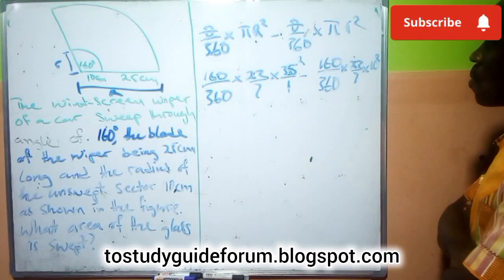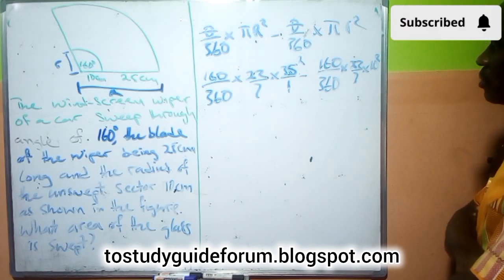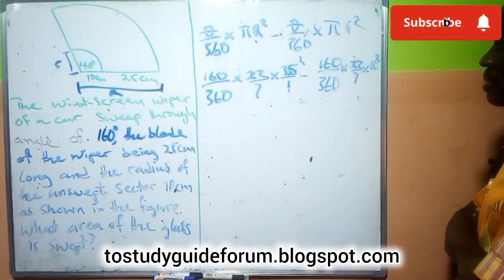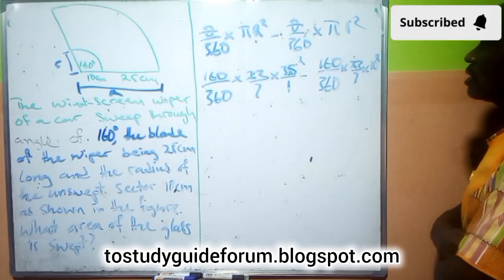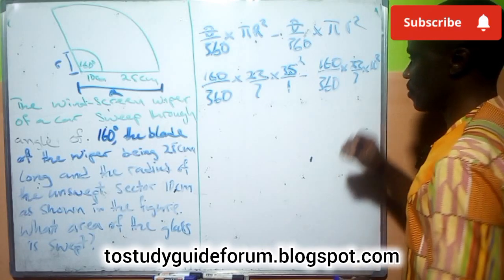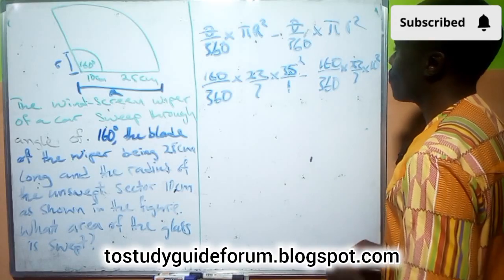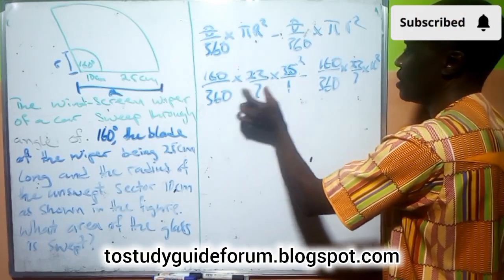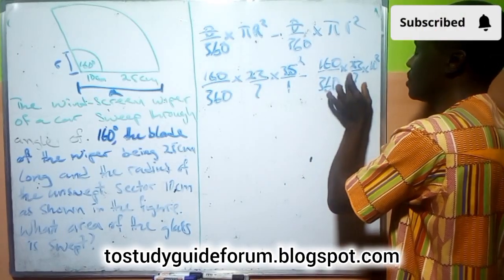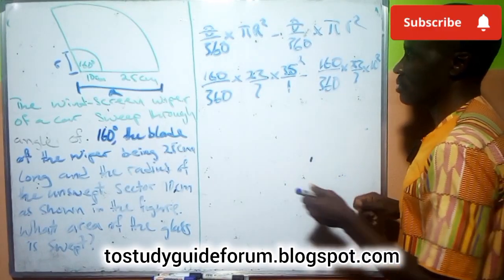So the next thing we're going to do here, I think that will make it easier, is to see if we can do the factorization of these things. If we factorize, you know that we have this same thing here, the same thing there, so we can remove all these out of the bracket.